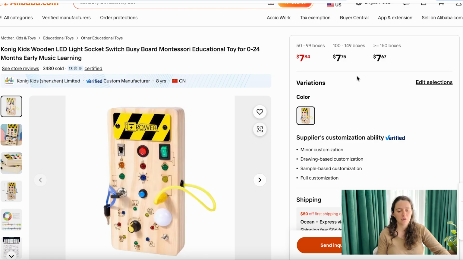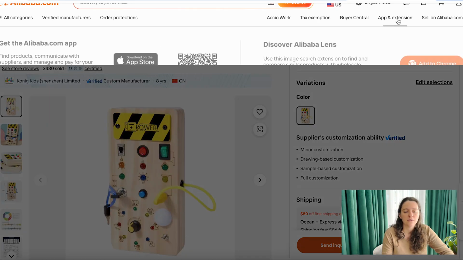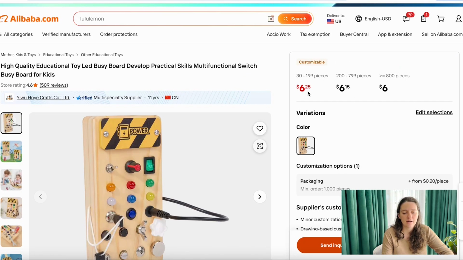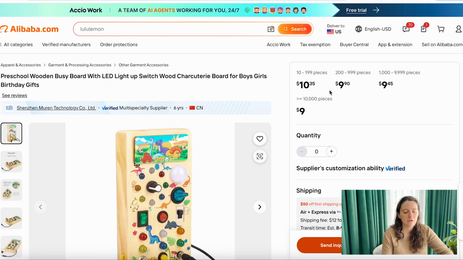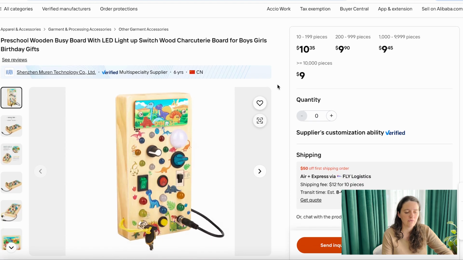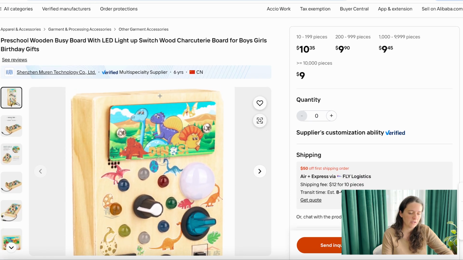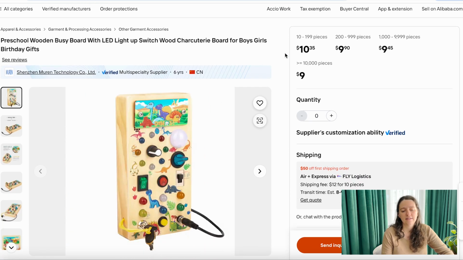MOQ is the minimum order quantity. So for this one, it's $6 for between 30 to 200 pieces. And for this last one, which is the most expensive one with the really nice image of the dinosaurs, it's $10 for between 10 and 200 pieces.